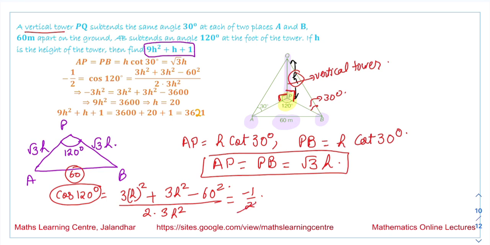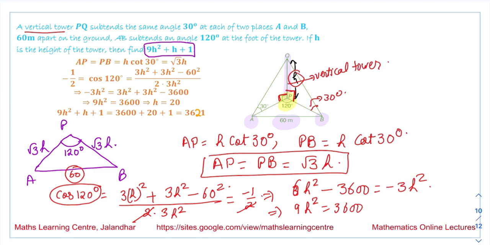Now this 2 and 2 get cancelled, so we get 6H square minus 3600 equal to minus 3H square. This implies 9H square is equal to 3600, and this implies the value of H is 20.